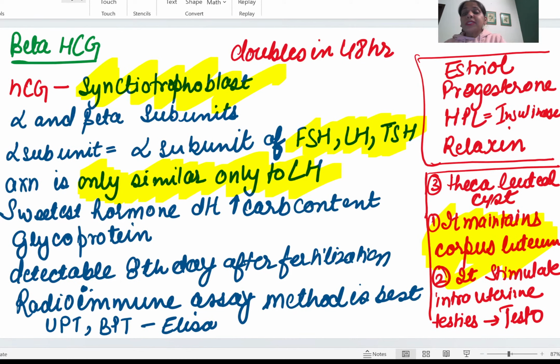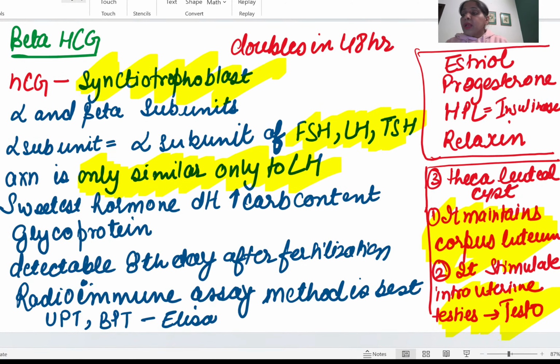Now, who gives the stimulus to the male fetus Leydig cells to make testosterone? In late pregnancy, the stimulus is given by LH, but in the beginning, no LH is being synthesized in the male fetus. This stimulus is given by HCG.